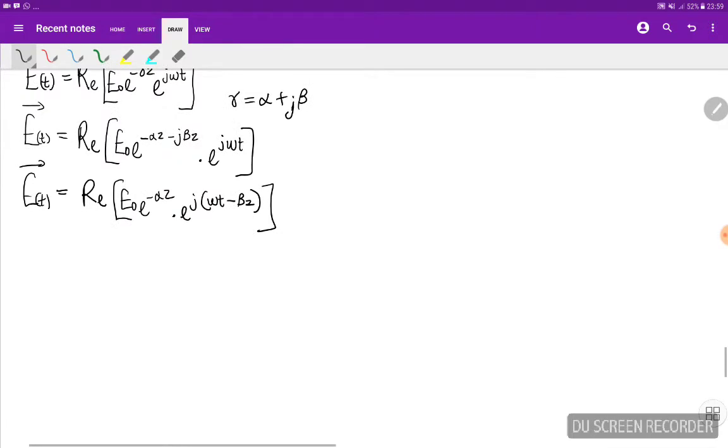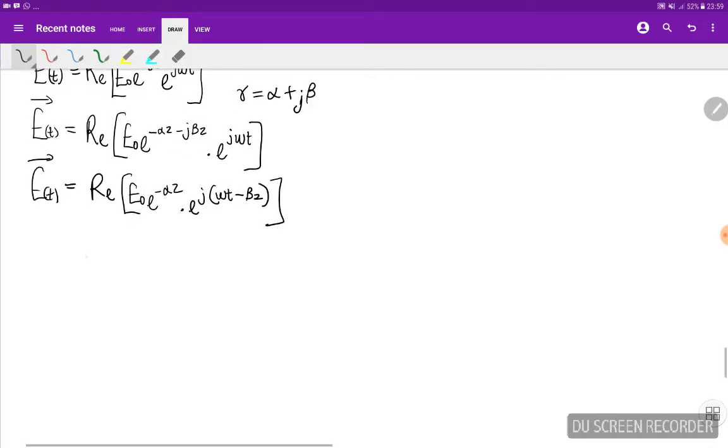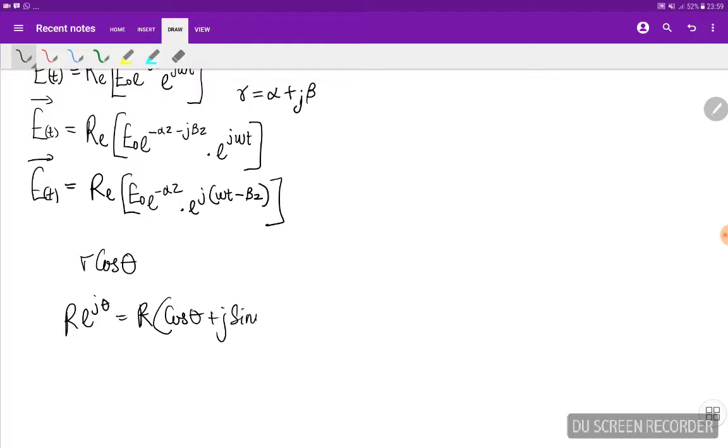Then if we take the real side, the real part is always R cos theta. Remember that R e^{jθ} is equal to R times (cos θ plus j sin θ). So if we only consider the real part, hence we kept putting Re, the real part is now going to be R cos θ alone.